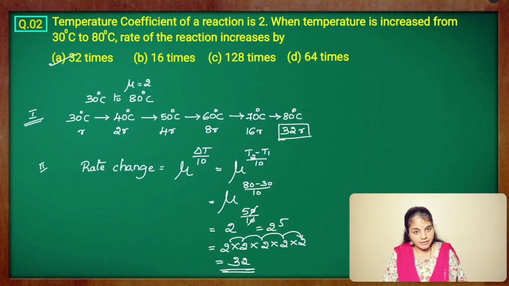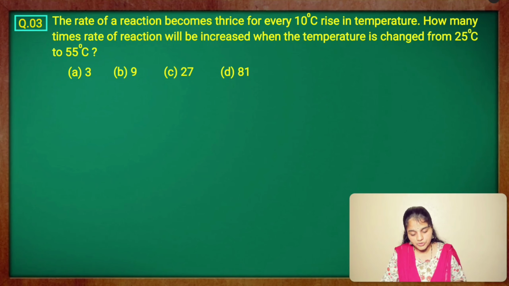So let's see another question and let's solve it. The question is, the rate of a reaction becomes thrice for every 10 degree rise in temperature. How many times will the rate of reaction be increased when the temperature is changed from 25 degrees centigrade to 55 degrees centigrade? Option A is 3, option B 9, option C 27, option D 81. So just try to quickly solve this particular question.